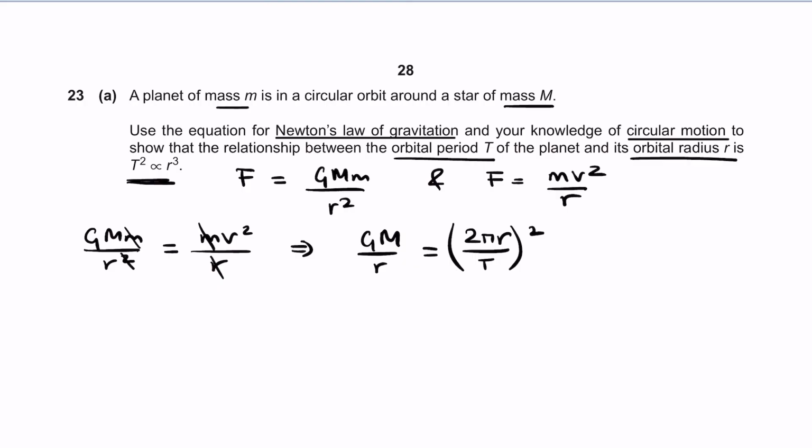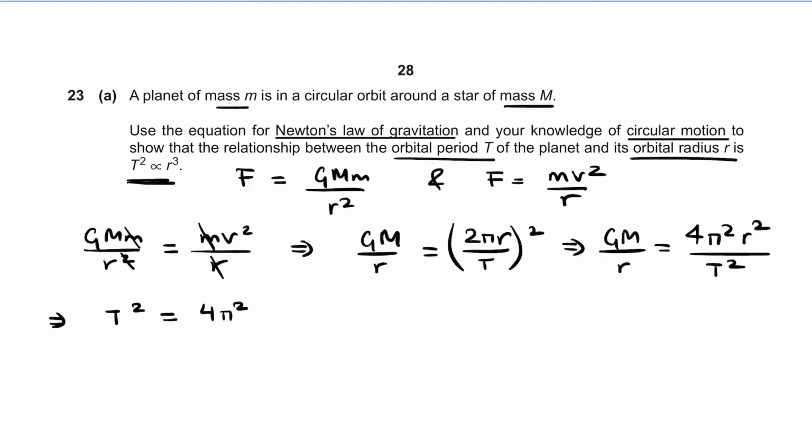so that's going to be that. Now, if we simplify that further, GM over r equals 4 pi squared r squared over T squared, and we want to make T squared the subject, so let's carry on here. So I'm going to multiply both sides by T squared. At the same time, I'm also going to divide both sides by GM and multiply both sides by r, so this is going to be r cubed.